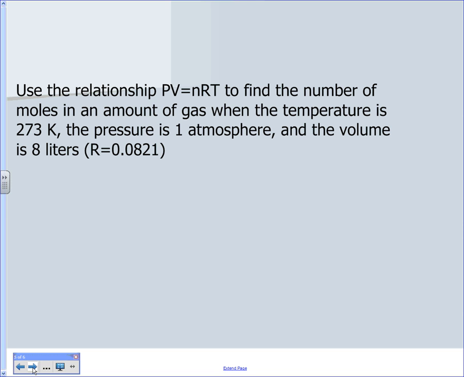That's what the problems are going to look like. Use this relationship, and then it'll say R equals this. Eventually, it'll drop off that R equals. It'll expect you to know it. So you may not know what variable we're looking for right now.